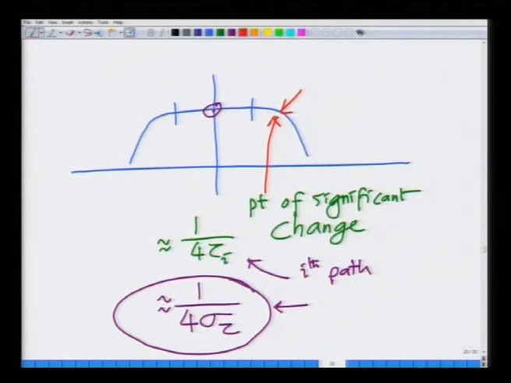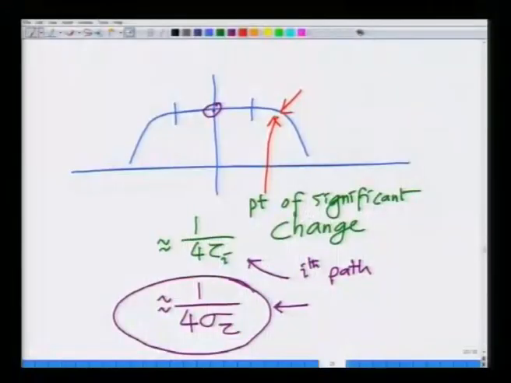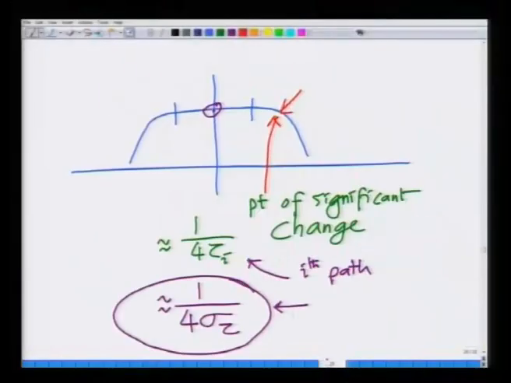If I look at the channel on an average, the point of significant change, because tau_i is nothing but the delay of the ith component, can also be said to be 1 over 4 sigma tau on an average, where sigma tau is the RMS delay spread, and hence I can say the coherence bandwidth is twice this point of significant change.